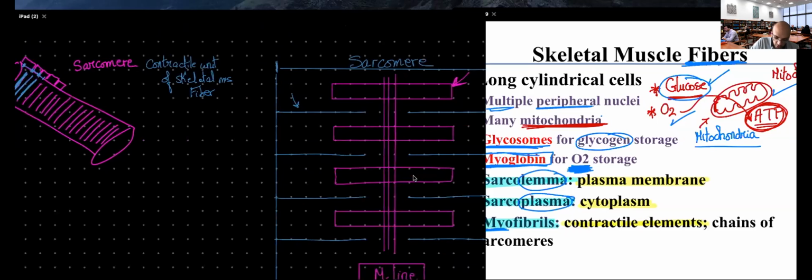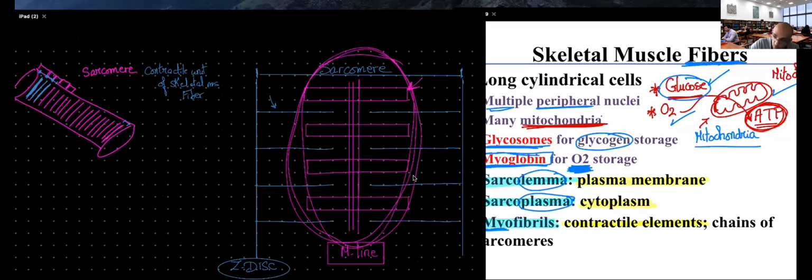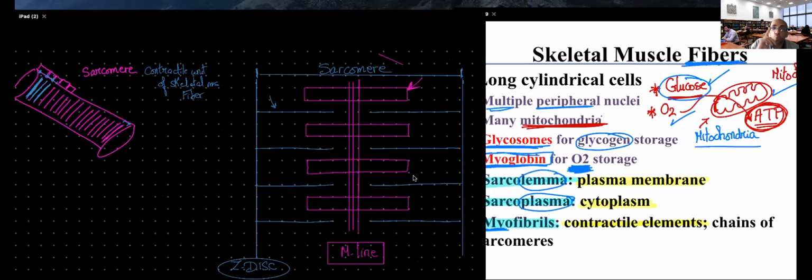So where is the sarcomere on here? On this diagram, see this portion on here. This pink line is simply all those thick filaments together. All this will appear under the microscope as one striation. All those thick filaments on top of one another will appear as one striation under the microscope.